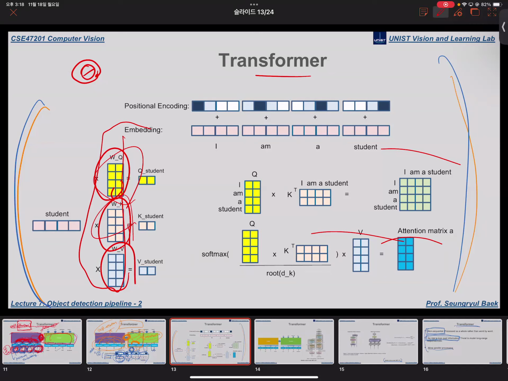But in this attention mechanism itself, there's actually no parameter to learn. Okay, but these parameters are implicitly learned to make this representation better for the subsequent loss functions.